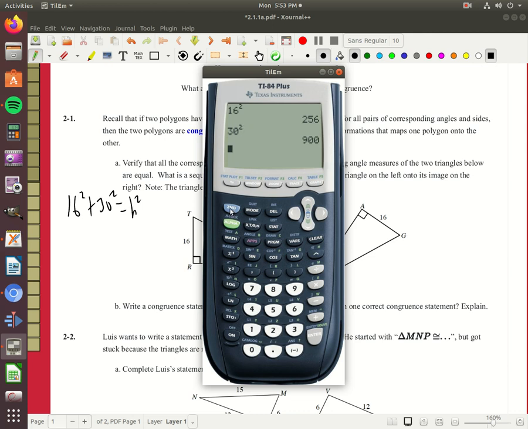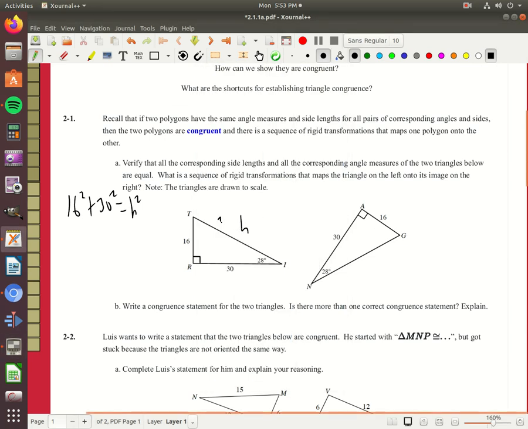So the square root of 256 plus 900 should give me the length of the hypotenuse. So the hypotenuse is 34. And again, the hypotenuse is always across from the right angle. So here, again, 16 squared plus 30 squared would equal 34 squared.